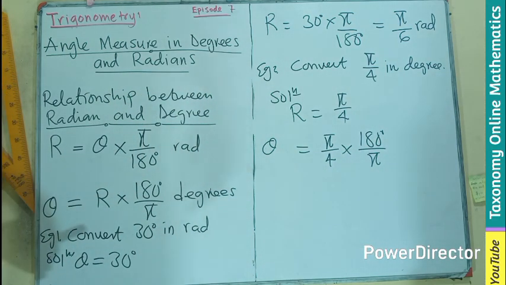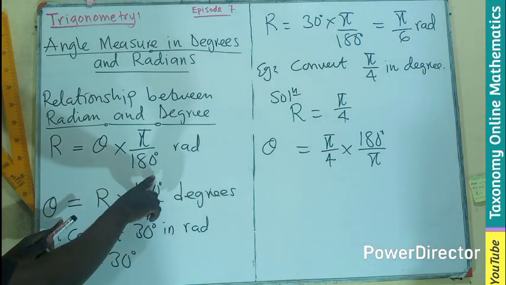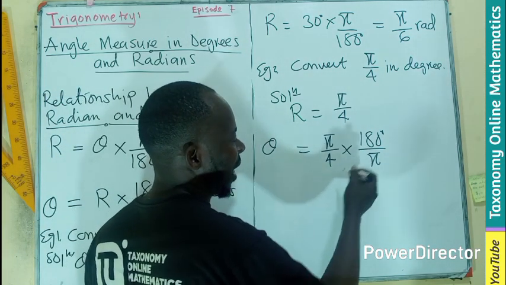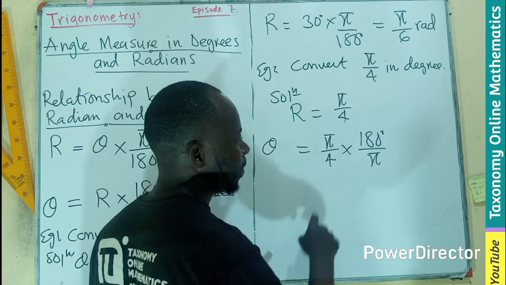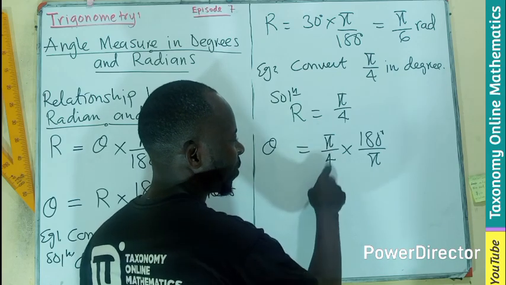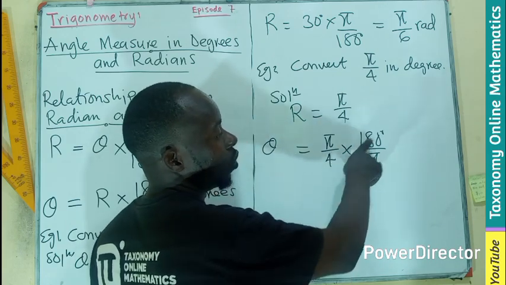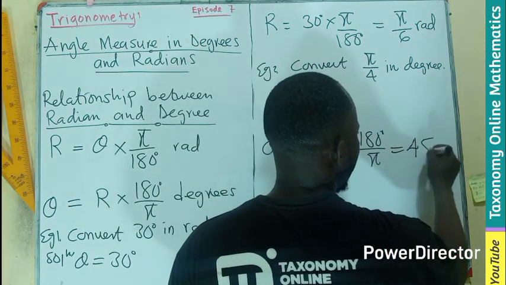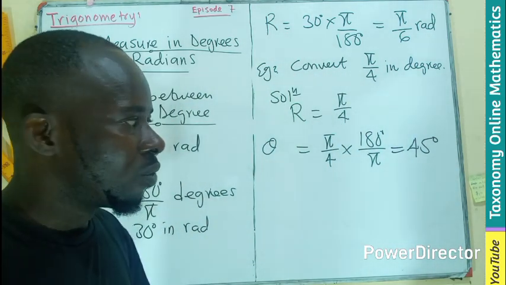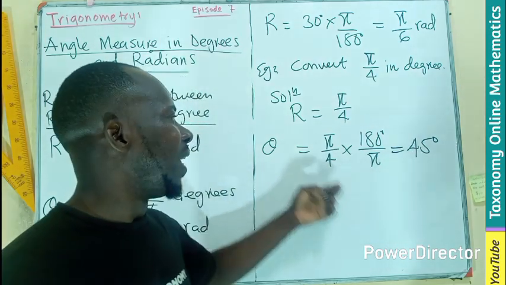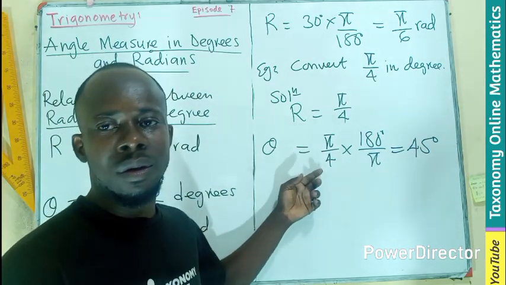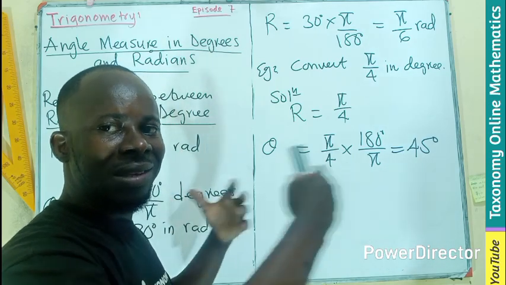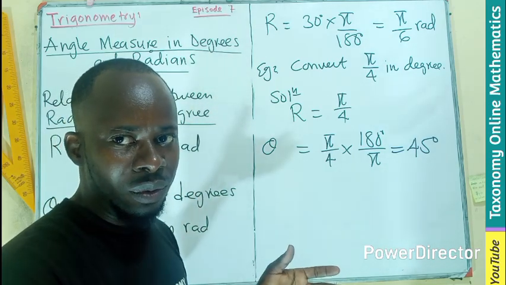And then the formula, from 180 divided by pi, so that this pi will cancel this. Then I should be having 180. 2 goes into 180 90 times. So your answer should be 45 degrees. So 45 degrees is the same as pi on 4. I guess the conversion and the steps taken are okay by you.